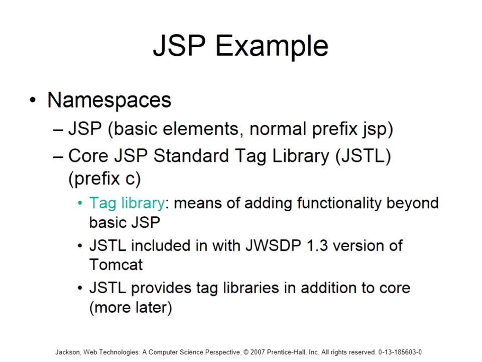After that, in this example we have namespaces: GSP, basic elements, with the normal prefix GSP, and the core GSP standard tag library with the prefix C. The tag library means adding functionality beyond basic GSP, and GSTL is included with the GWSDP 1.3 version of Tomcat.